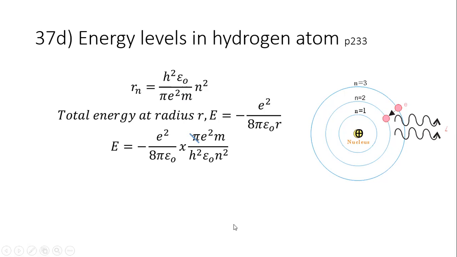Then we can cancel the common factor, pi cancels off. e to the power 4, that's your m, and that's 8 epsilon naught squared, h squared, and then this is 1 over n squared. n is 1, 2, 3. There's no 0.